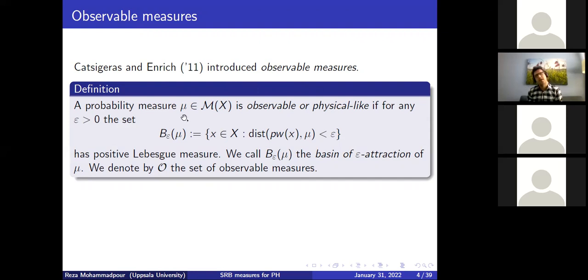A probability measure μ is observable, or physical-like, if for any ε greater than 0, the set B_ε(μ), which is the set of points x where the distance of P(x) and μ is smaller than ε, in the weak star topology sense, has a positive Lebesgue measure. We call B_ε(μ) the ε-basin of attraction of μ, and we denote by O the set of all observable measures.